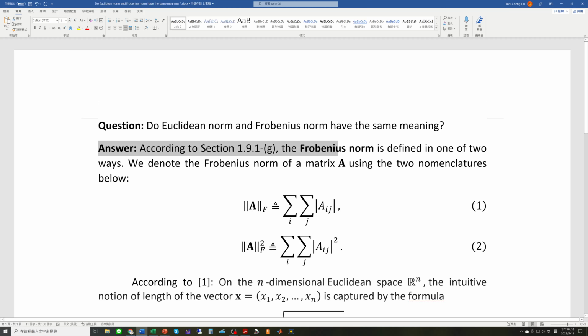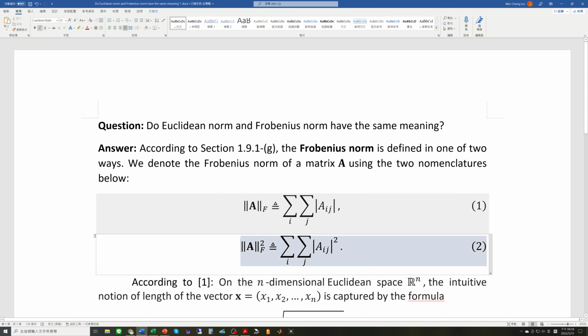1.9.1g, the Frobenius norm is defined in one of two ways. We denote the Frobenius norm of a matrix A using the two nomenclatures below. The first definition is the Frobenius norm of A defined as the summation over i, summation over j, of the absolute value of a_ij.